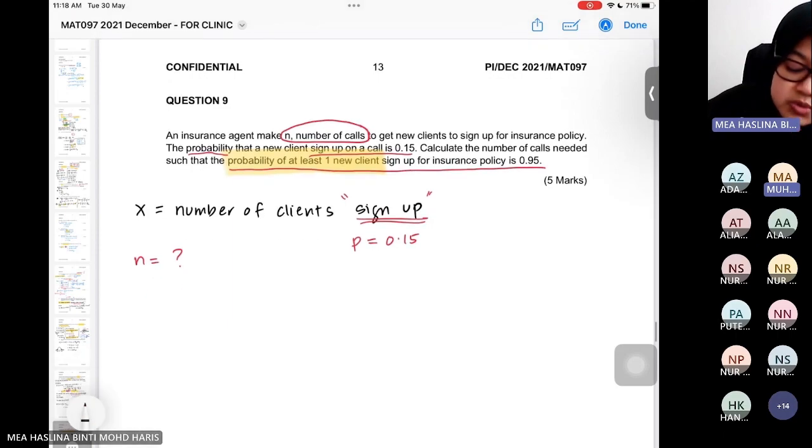So we can use the information that probability at least one new client signs up is 0.95. So we use probability of number of clients signing up, X. At least one means greater than or equal to 1.